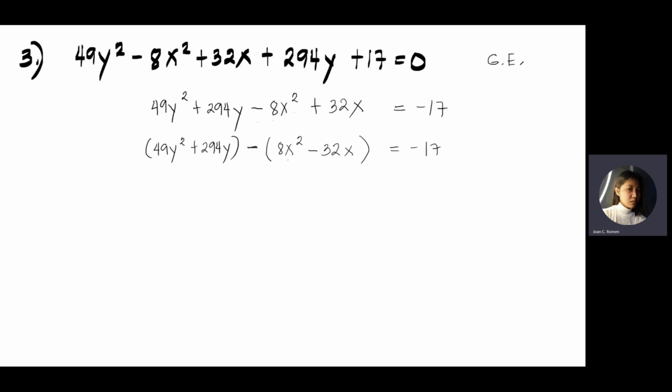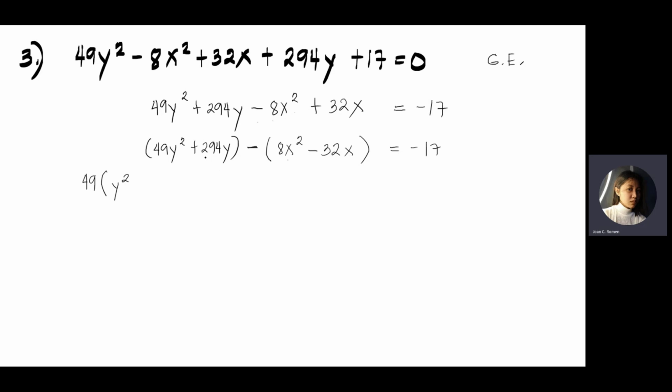And next step will be factor out the numerical coefficient of y squared and factor out the numerical coefficient of x squared. Okay? So, ilalabas natin si 49. So, kapag nilabas natin si 49 kay 49y squared plus 294y, so that will be 49 multiplied by, ano na lang yung matitira sa loob ng parenthesis natin? 49y squared divided by 49, ang matitira na lang po ay y squared.